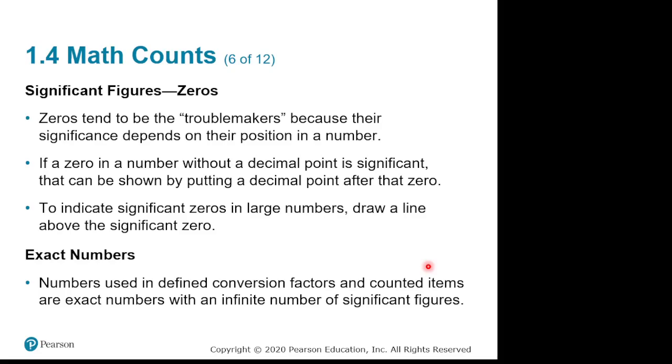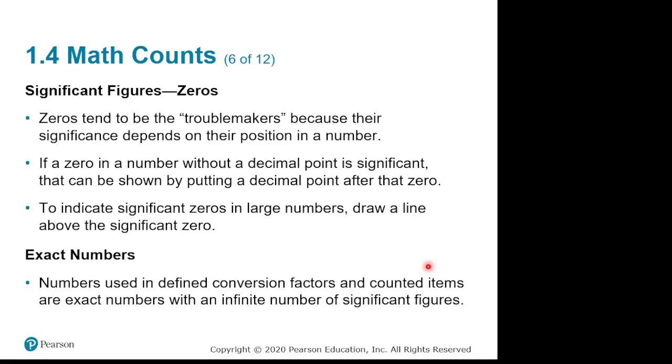You don't have a part of a person. There's not a half person. No quarter people. There is not a half desk in here. There are whole desks and purely the number of desks, right? We're not going to get half a desk, a quarter of a desk, whatever. And so those are always exact numbers.